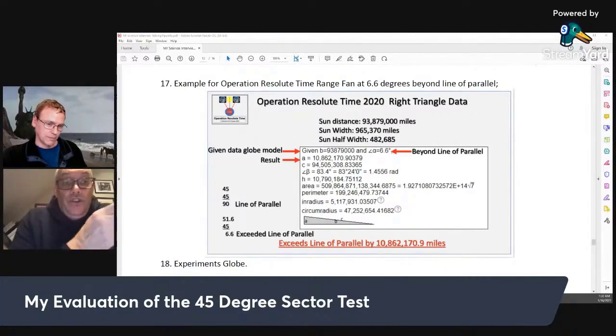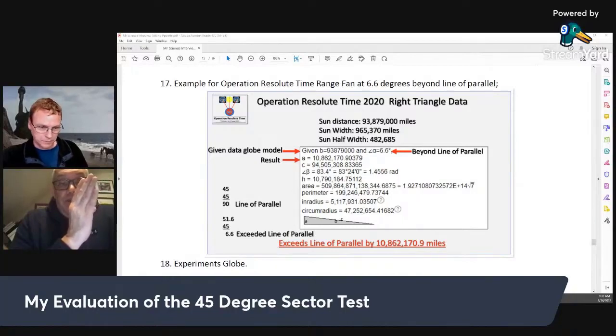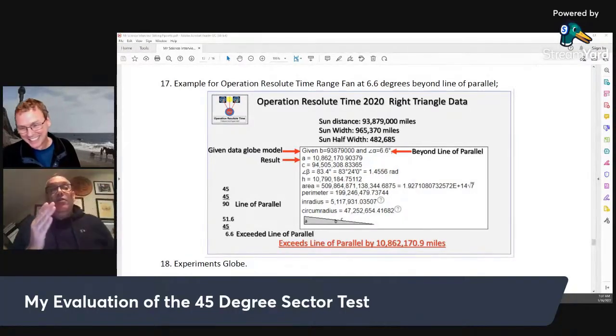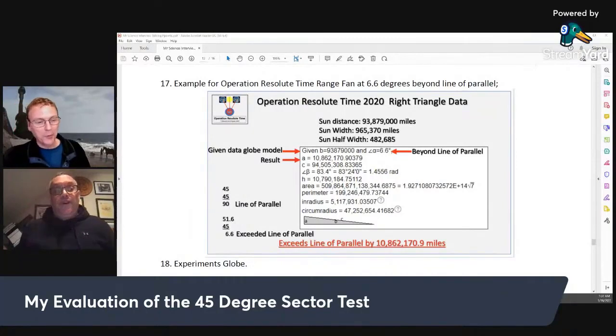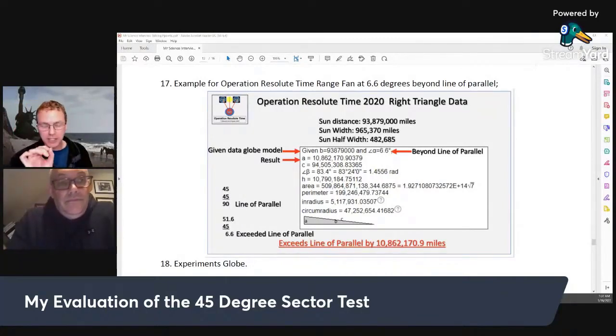In other words, you can't exceed that from that position. You can't go 46 or more, because your angle of the observer is already at 45. We're not questioning the 46. We're questioning the 45 that you started with.